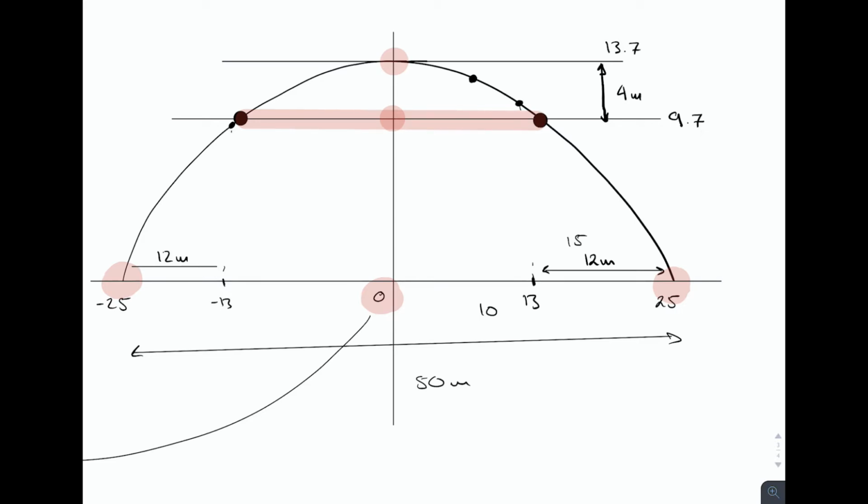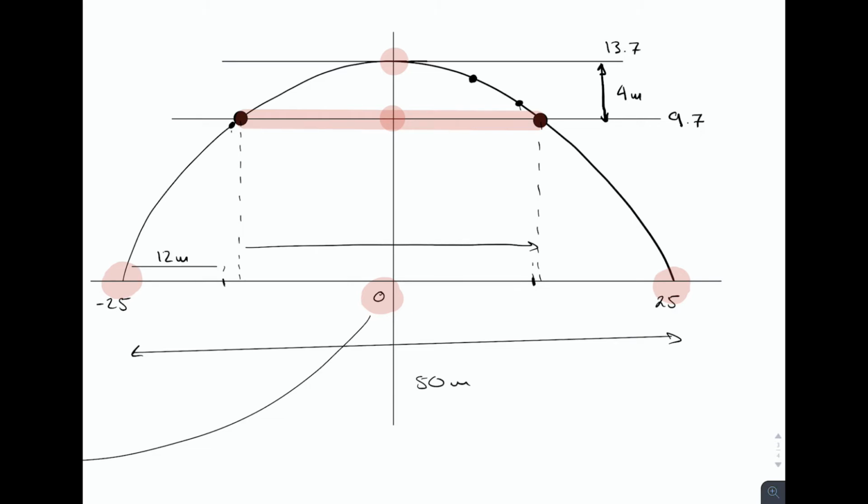Or, in terms of numbers, if I can figure out what this number is, let me get this guy out of the way, and I'll get this out of the way as well, right? How far is this across?